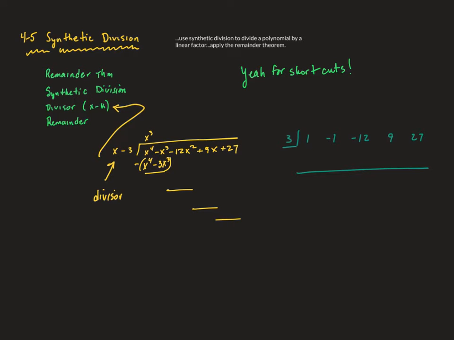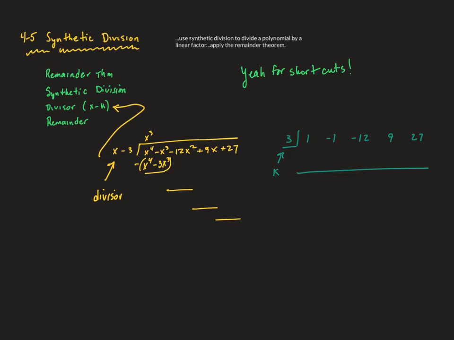And as you can see, these are my coefficients to my terms over here. And when I do that, 3, if you'll notice, is my k value. So where my other long division divisor was x minus 3, I'm going to divide just by 3 because that would have been the root.